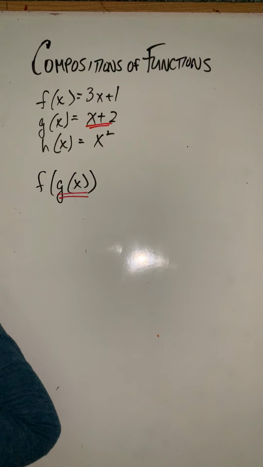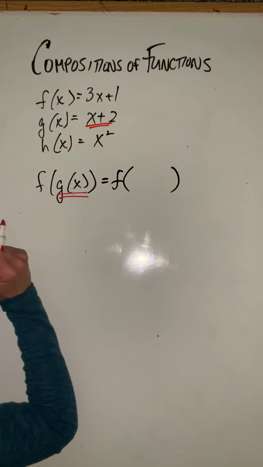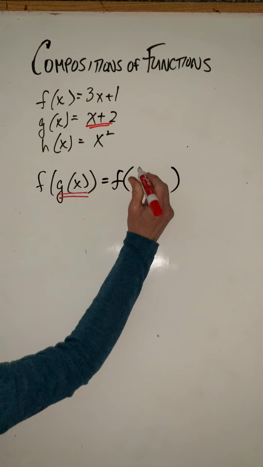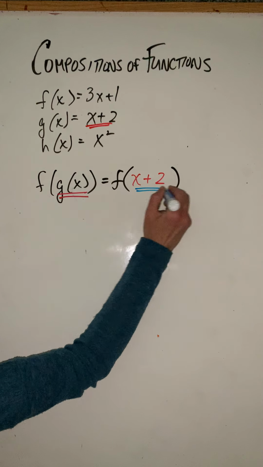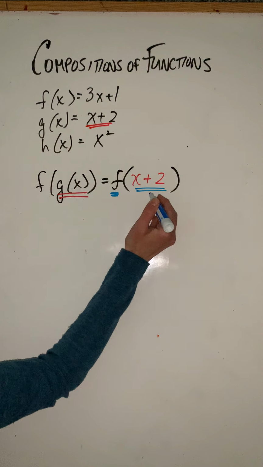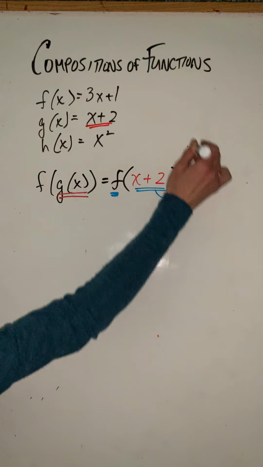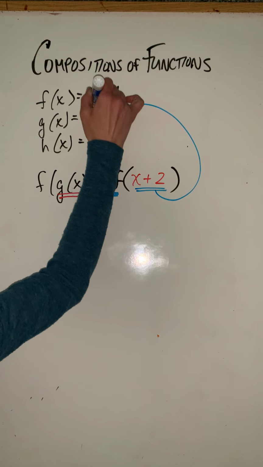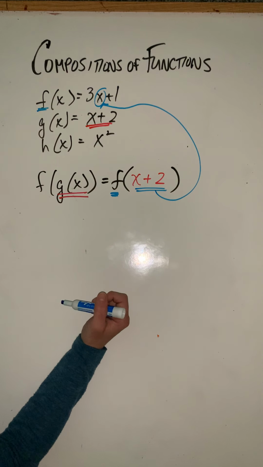So f of g of x is just equal to f of, instead of g of x, we're going to use x plus 2. Okay, now, how do we evaluate f of x plus 2? Same way we evaluate anything. We're going to take what's inside here and replace x in this function f. So we're going to take x plus 2 and put it in place of this x in our function f.